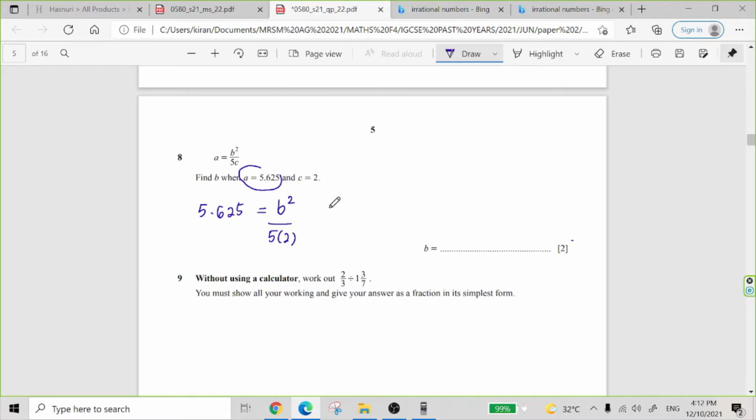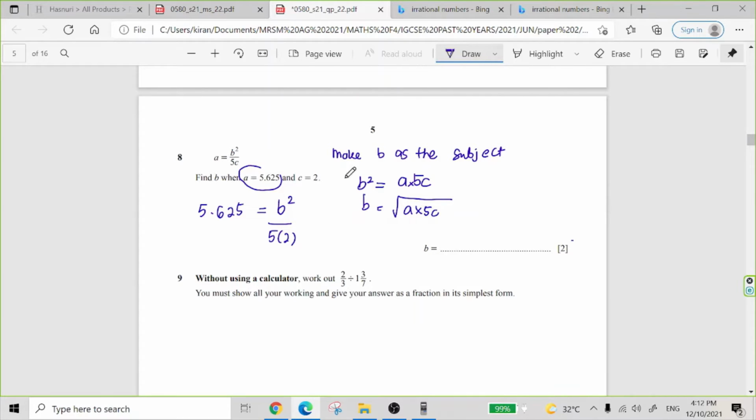Okay, untuk mudahkan awak, actually you can rearrange, make B as a subject first. Lagi senang. Kerana saya buat macam ni dulu, so at least awak tahu part mana awak nak masukkan value. So we have here B square equal to A times 5C. And then B would be square root of 5AC. Baru kita masukkan value.